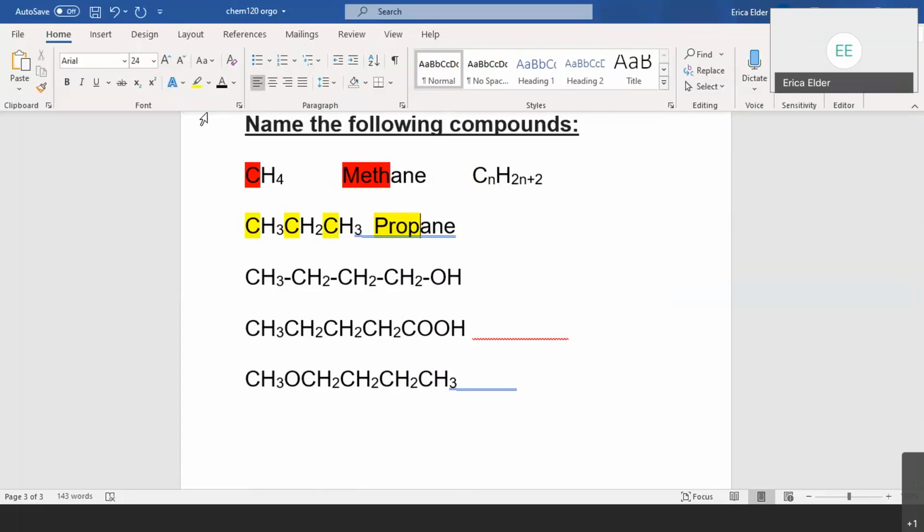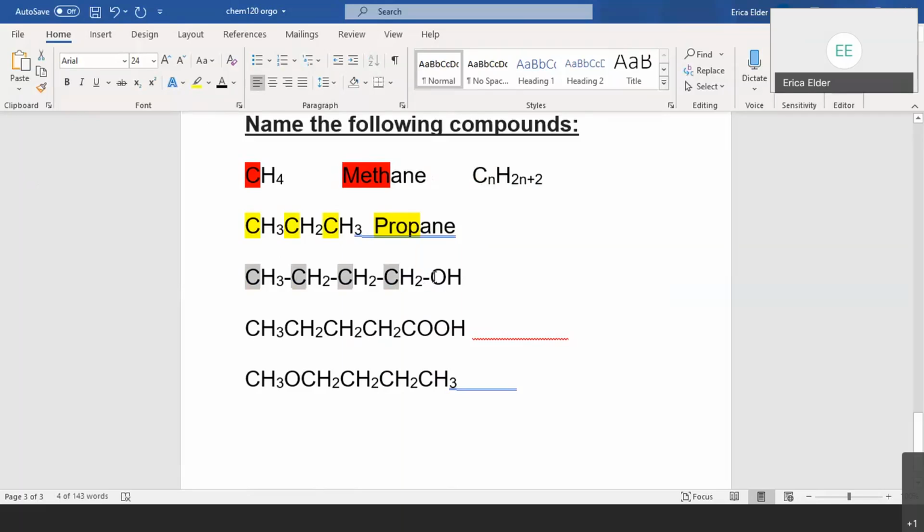So let's take this and go a little bit deeper and actually name something that contains one of our new functional groups. So step one, we are going to locate our number of carbons, and we are going to count. So we have 1, 2, 4, and 5.